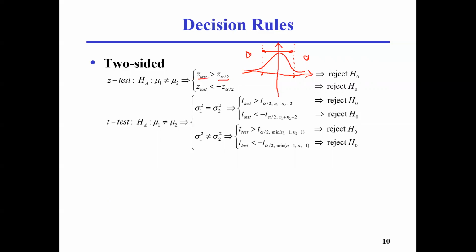So if your z-test value is on the right side of your z critical value somewhere here, then you reject. If your z-test value is negative and it's on the left side of minus z-half alpha value, it's still reject. But if your z-test value is somewhere within this range, then you do not reject.